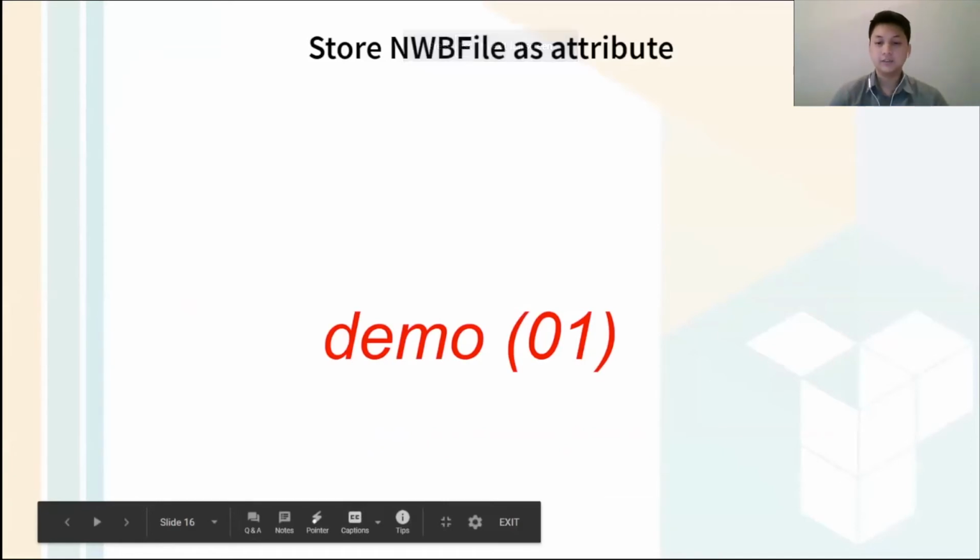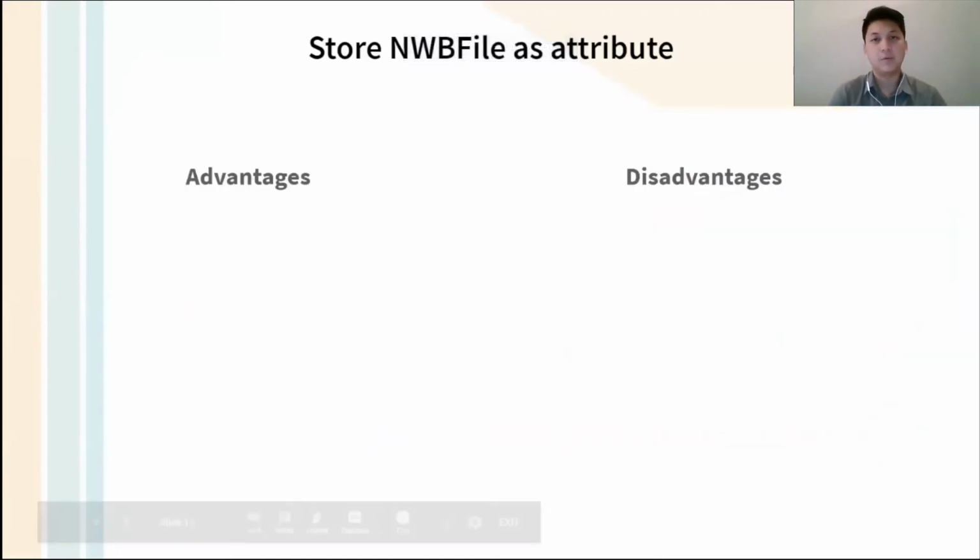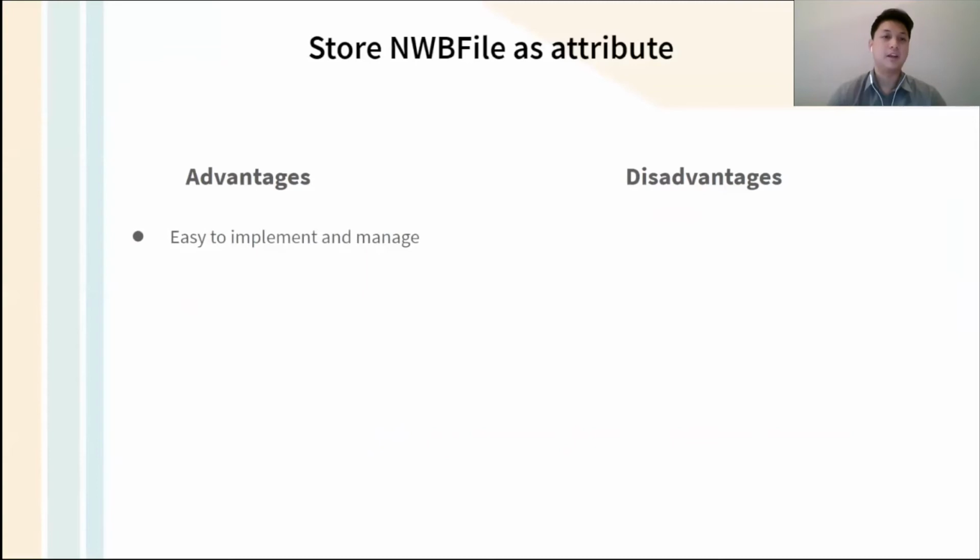As you can see, this approach of working with NWB files by storing the NWB file object into DataJoint is, in a sense, more integrated compared to just the export approach. The advantages here are that it's fairly easy to implement and manage. Users would only have to build that adapter class, which is fairly straightforward because it's working at the NWB file object level, and really you only have to supply how to write the file and read the file.